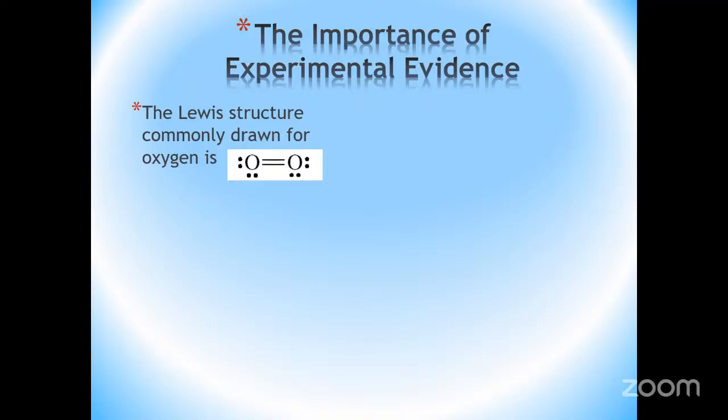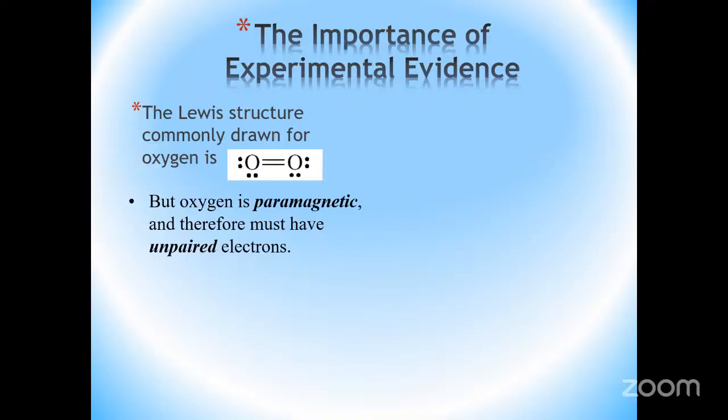One of them would be diamagnetism, another would be paramagnetism, and then there's a third one, which is ferromagnetism, right? Diamagnetism would exist if all the electrons are paired, right? So based on the structure, you'd expect oxygen to be diamagnetic. But if you were to carry out an experiment to test this, what you'll find is that oxygen is not diamagnetic, it is paramagnetic, right?